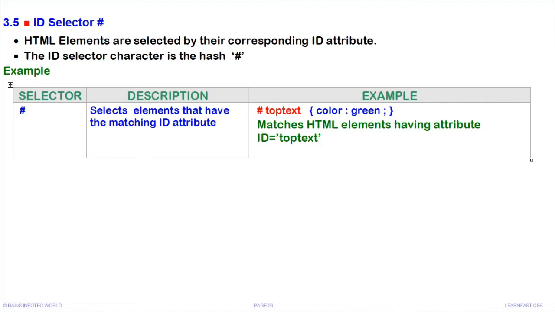For example, we have the CSS example here. We have hash followed by top text. So we have the color green applied to it. It matches the HTML elements having attribute ID equals top text.